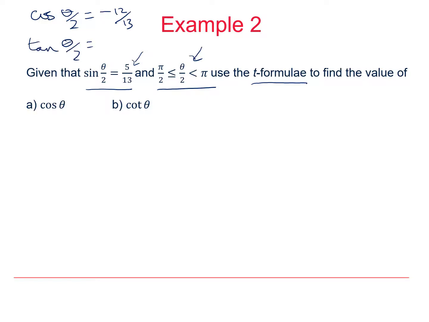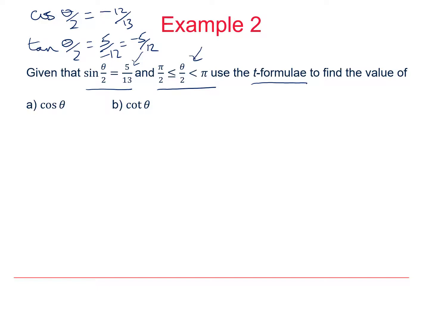That's what we need to do to be able to use the t formula. And tan theta over 2 will be sine theta over 2 divided by cos theta over 2. The 13ths will end up cancelling out, so we will end up with 5 over negative 12. And of course, we just tidy that up to be negative 5 over 12.